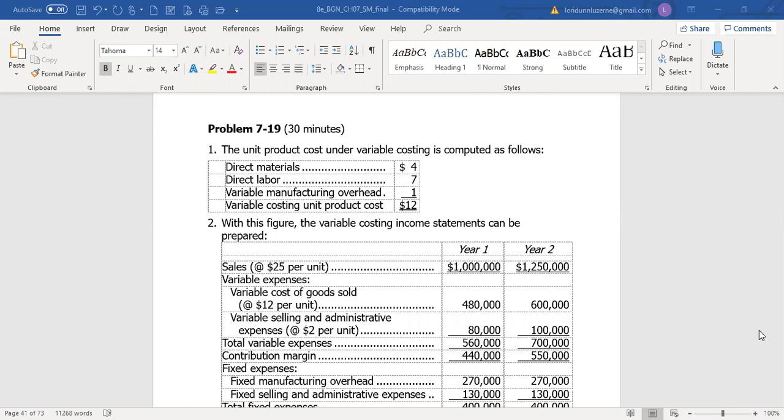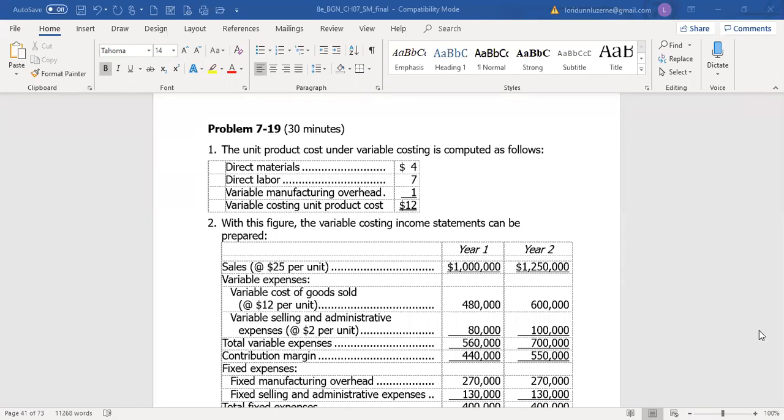Production and cost data for the first 2 years of operations are given, and then you could see those amounts. Using variable costing, now remember, this is presented as absorption costing, but using variable costing, what is the unit product cost for both years? So we're focused on the variable cost of the unit.